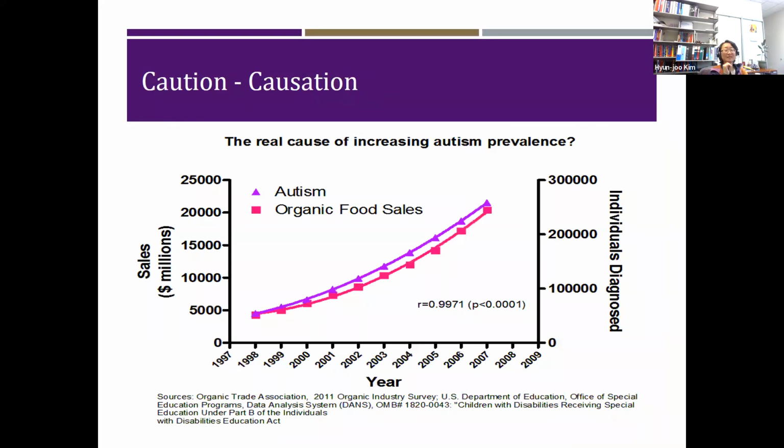The second one is causation. Typically, when we look at X and Y and the relationship between them based on the linear regression line, we talk about association. We say X and Y are associated or related.